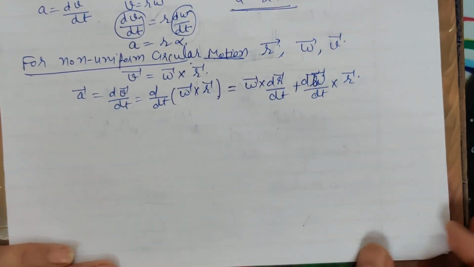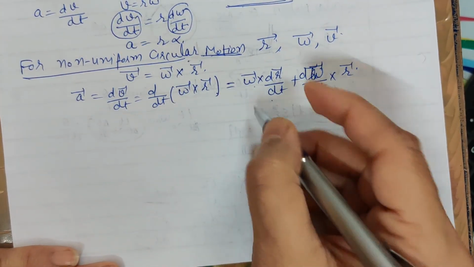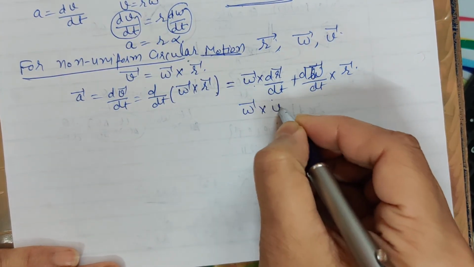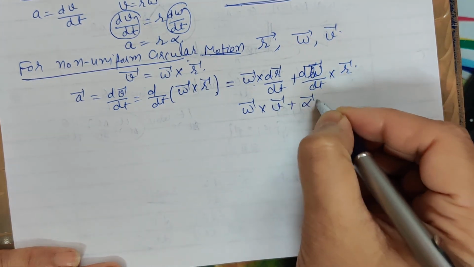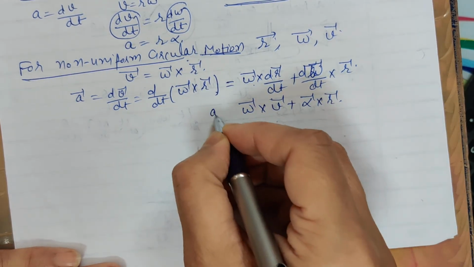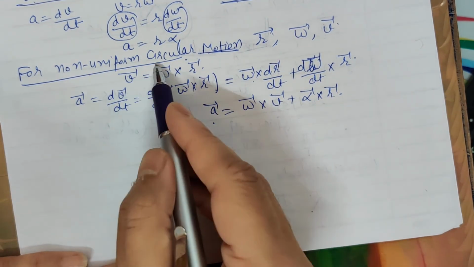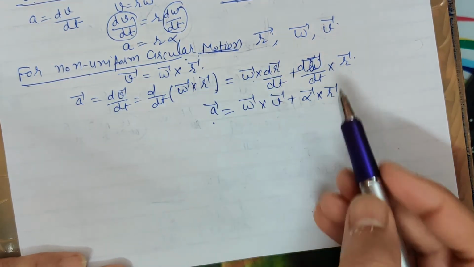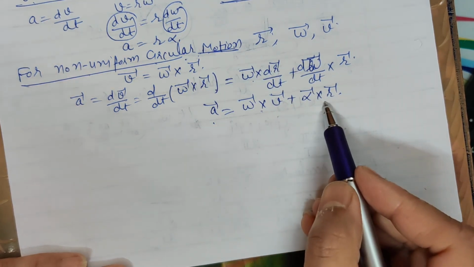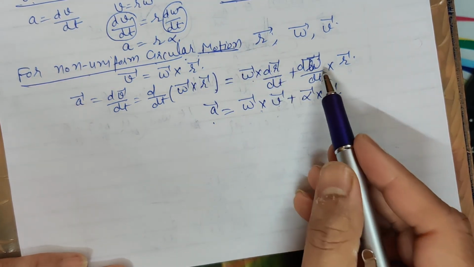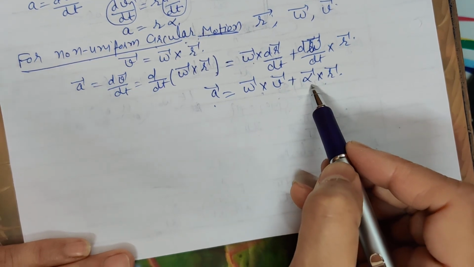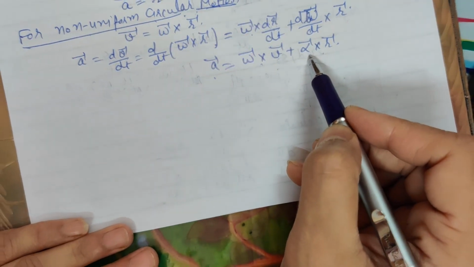So this gives a equal to omega cross v plus alpha cross r. So the acceleration for non-uniform circular motion is the sum of the two accelerations, one involving the linear velocity and the other the angular acceleration.